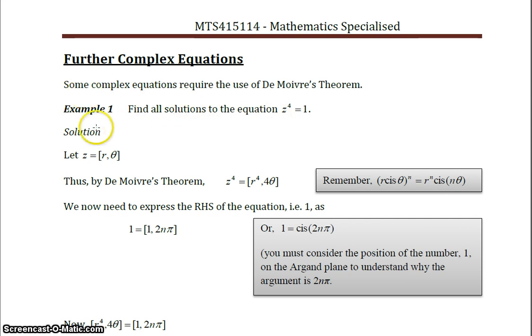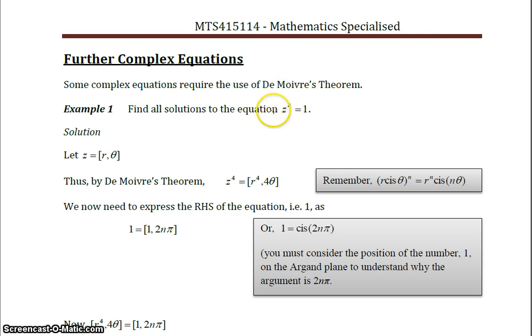So in this particular example, we've got this equation, z to the power of 4 equals 1. Now previously, you would have thought, what to the power of 4 equals 1? Well, it's 1. But that's just one solution. Okay, and we're going to work out all the solutions.